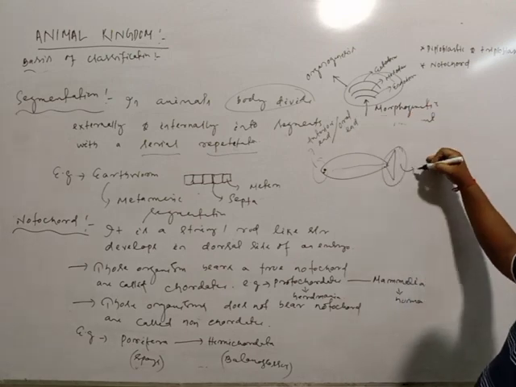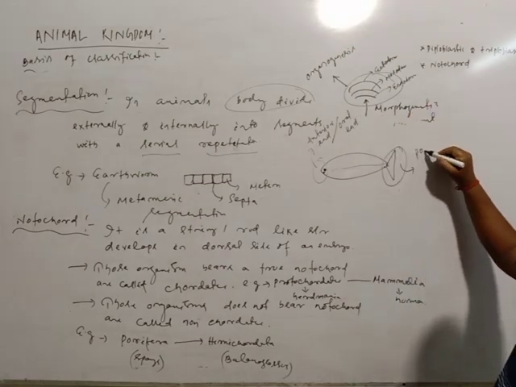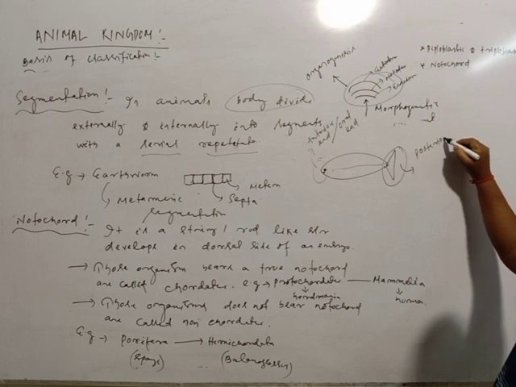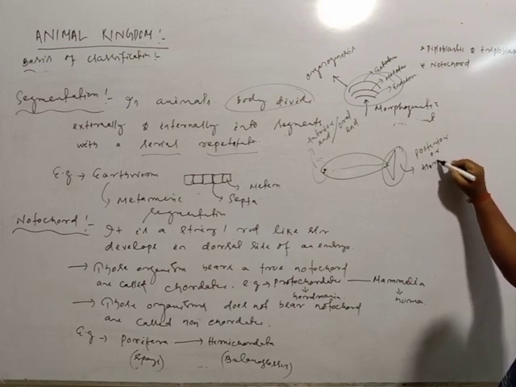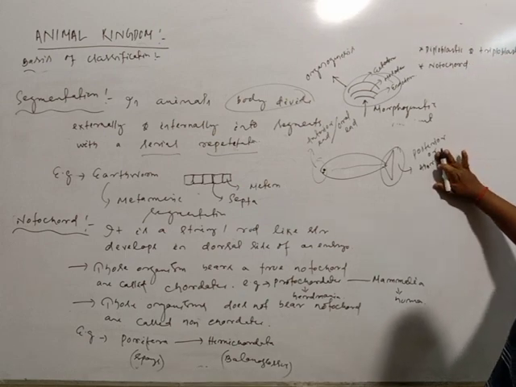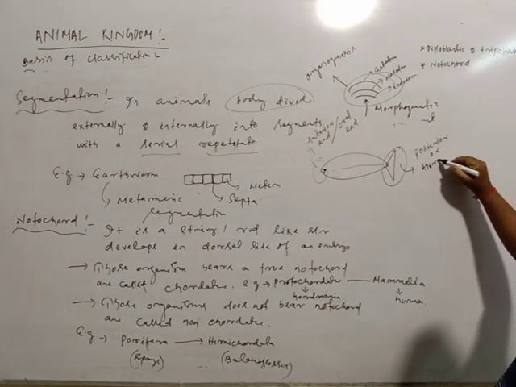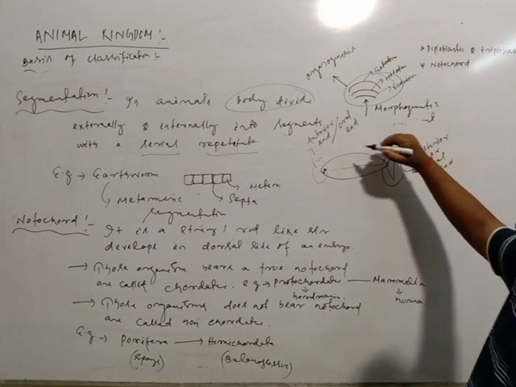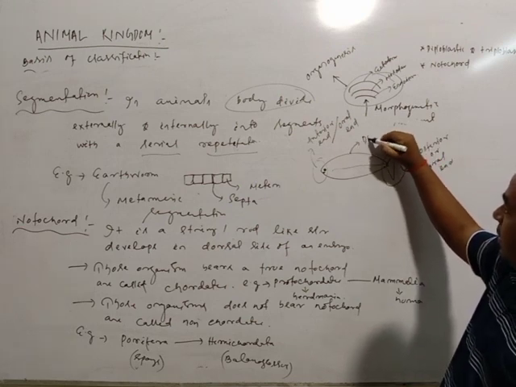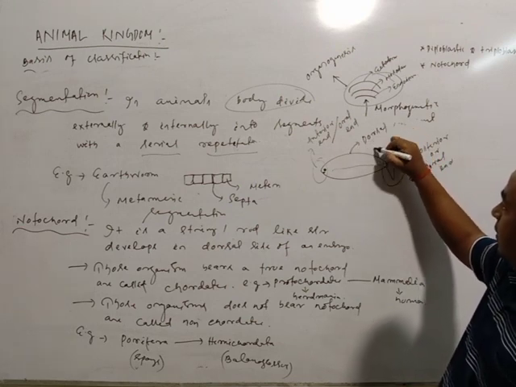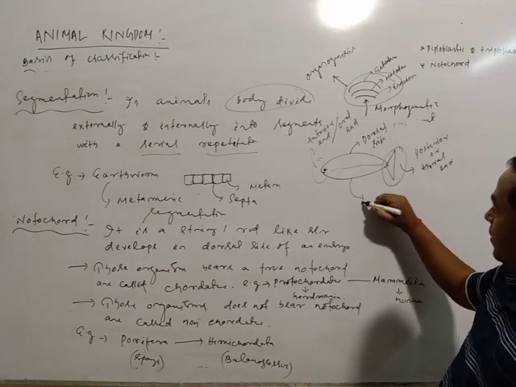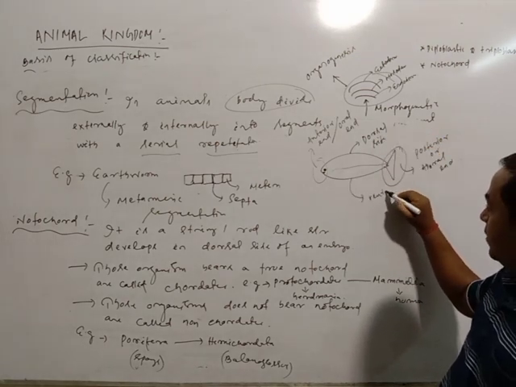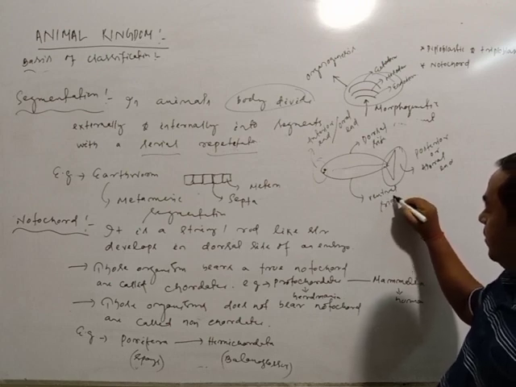This part is the posterior or aboral end. Upper part is the dorsal side, and this is the ventral side.